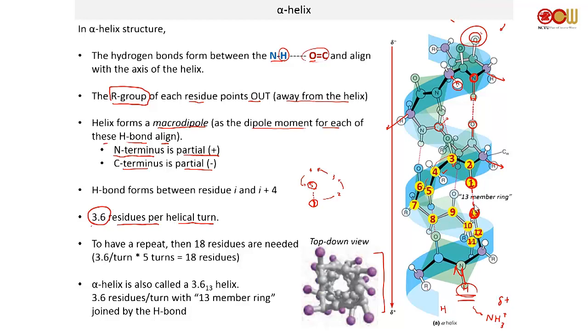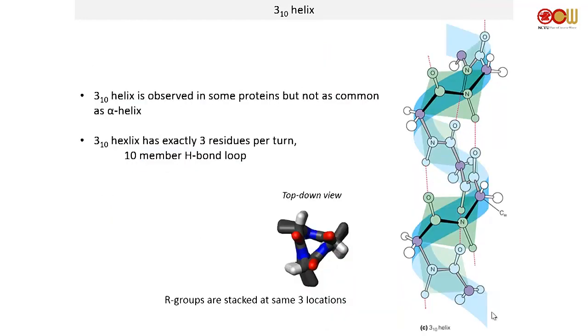So this is alpha helix. Alpha helix is one of the most common secondary structures that you'll see in proteins. Now, I'm going to show you a couple others, one of them being the 3-10 helix. The 3-10 helix is observed in some proteins, but not as common as the alpha helix. It has exactly 3 residues per turn. So if you look from the top-down view, you see a little triangle there.